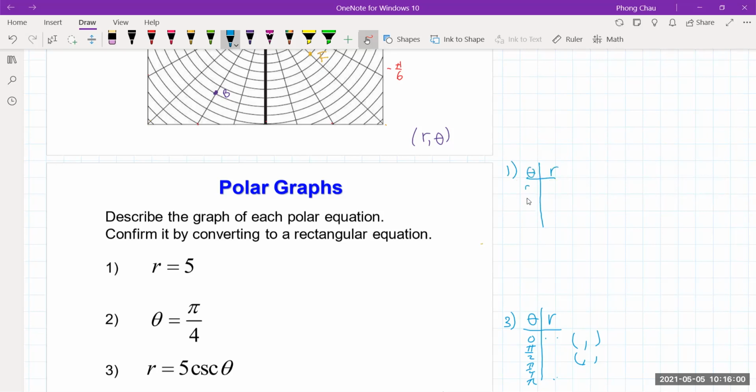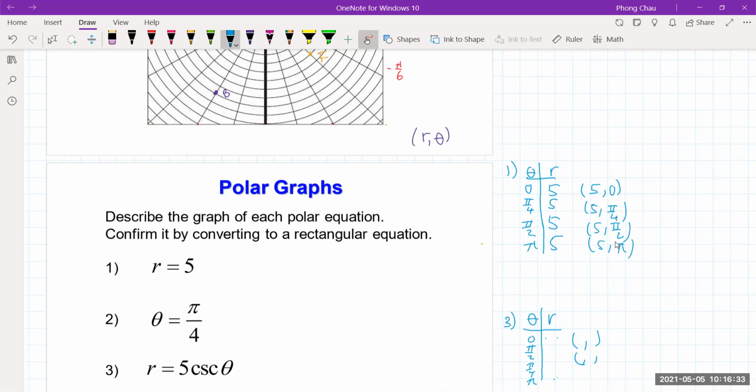So if you plug in 0, or pi fourth, or pi half, or pi, notice that r is a constant, it's 5. So no matter what you have for theta, r is 5. So then you end up with the points, by the way, r comes first: (5, 0), (5, pi fourth), (5, pi half), and (5, pi).